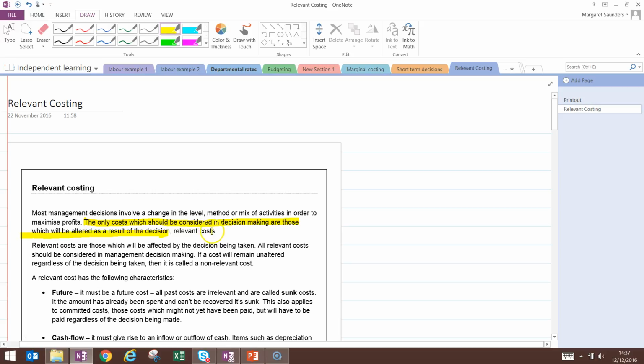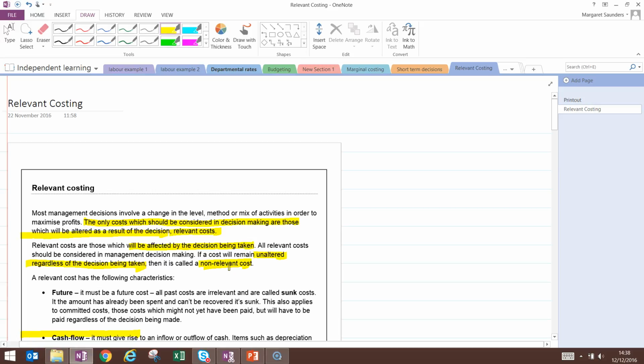Those are the costs that we consider to be relevant costs. In other words, relevant costs are those which will be affected by the decision being taken. If a cost remains unaltered, regardless of the decision being taken, then it's called non-relevant.